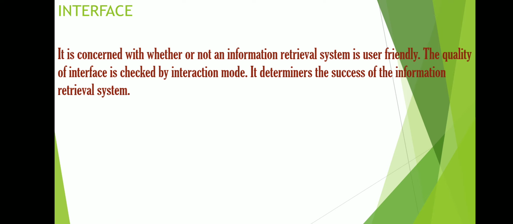If you can't find where to search the notifications, or where to get the contact numbers or any details, then it is a complicated design or interface, and people will start avoiding it, it will lose its popularity, and thus the quality of such an information retrieval system will decrease.